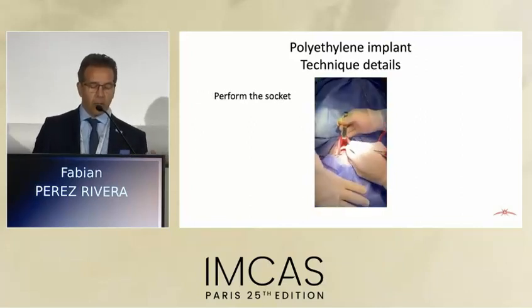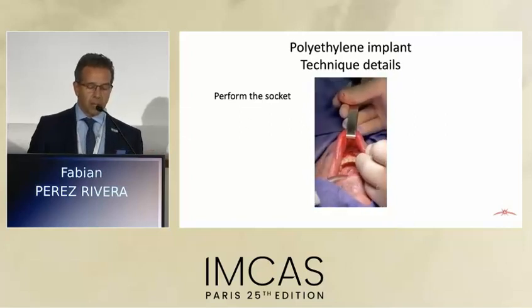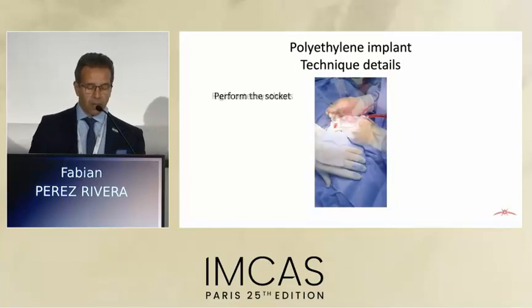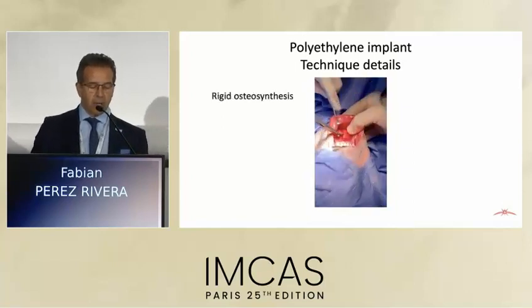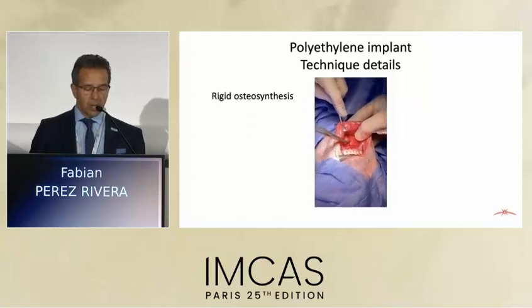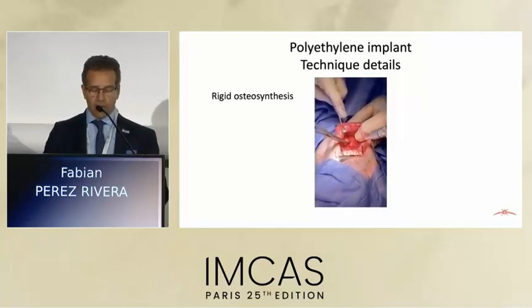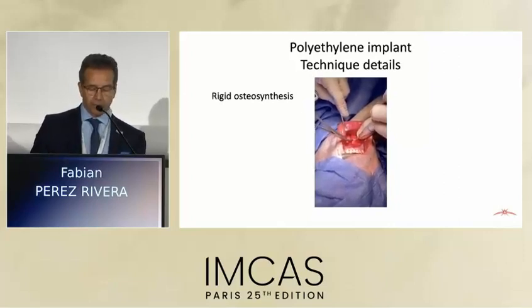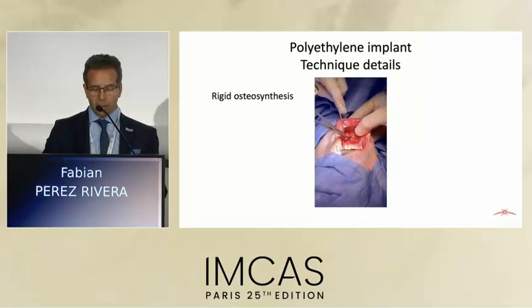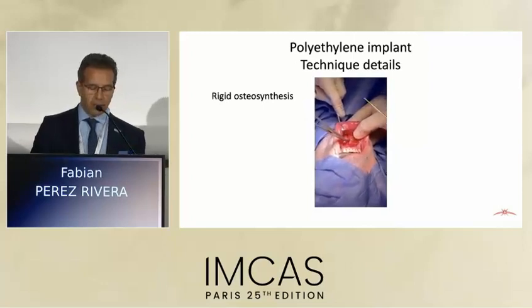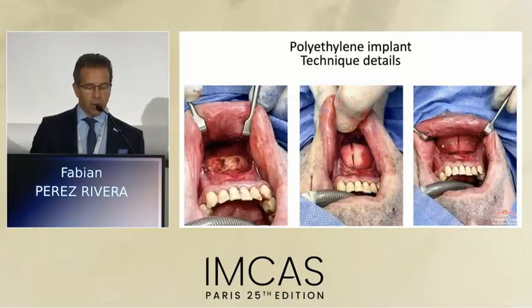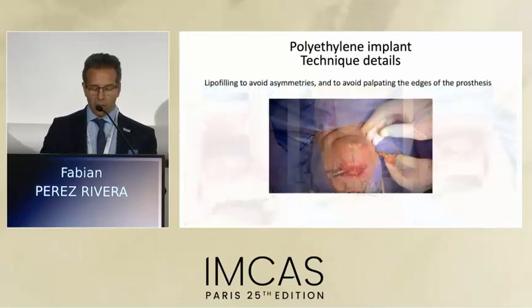After that, you perform the pocket. Always a superior pocket. You need to put the implant in contact with the bone. And after that, as I mentioned, rigid osteosynthesis with drills and screws, as you can see here, for this polyethylene implant on the chin. And again, when I add profiloplasty and ostectomy, as you can see here, 3 steps: the pocket, the implant, and the rigid fixation with the screw.